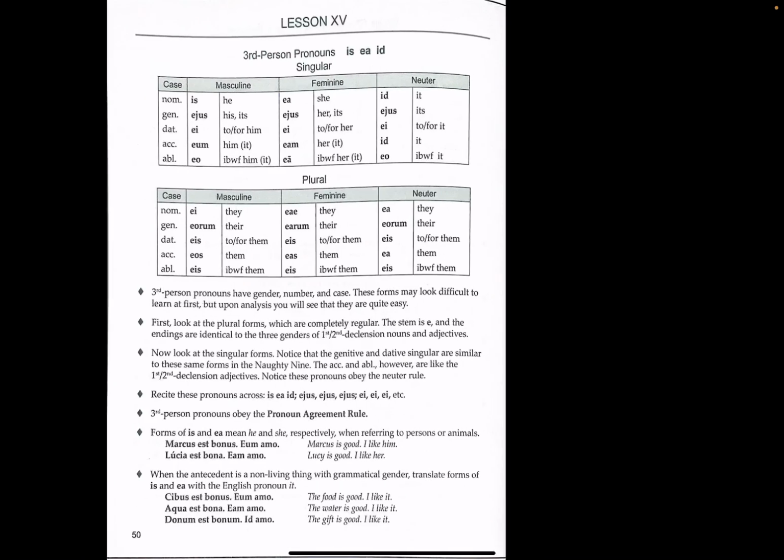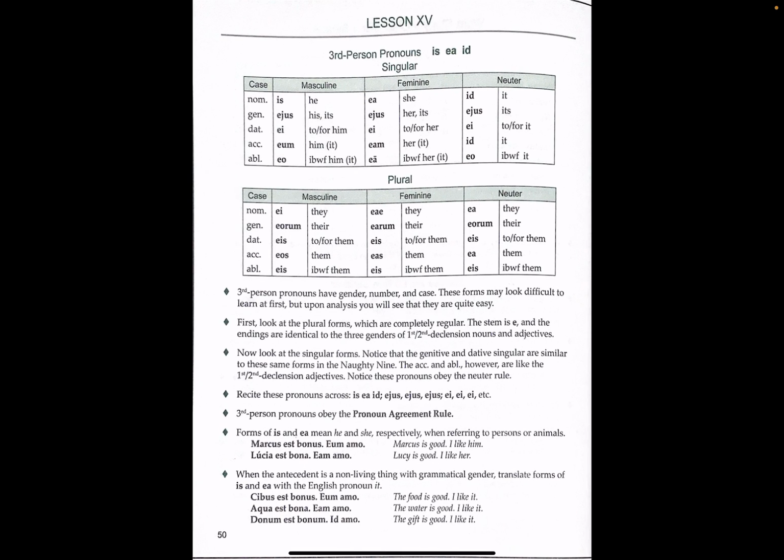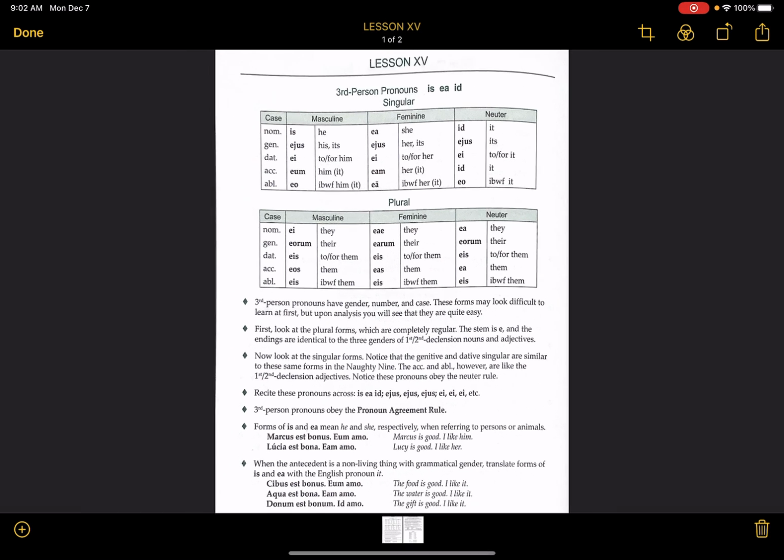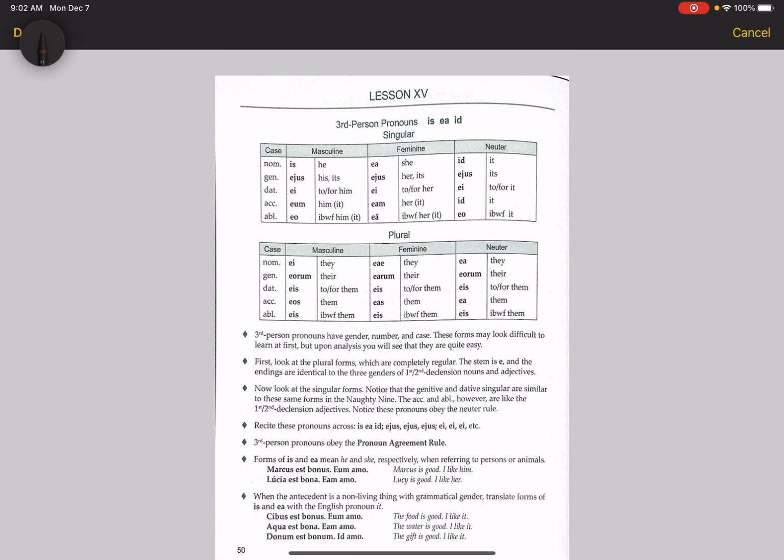Okay, so the third person pronoun looks strange a little bit in the singular, but the plural is totally regular. So let's look at the plural first. So the plural goes in the masculine ei, eorum, eis, eos, eis.